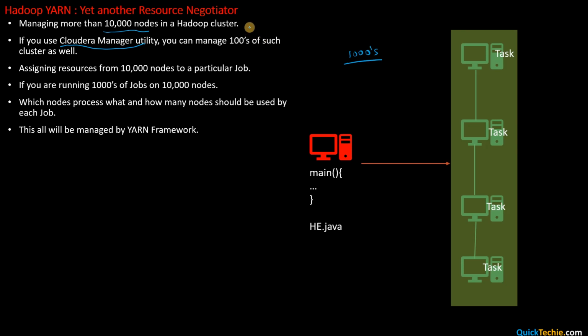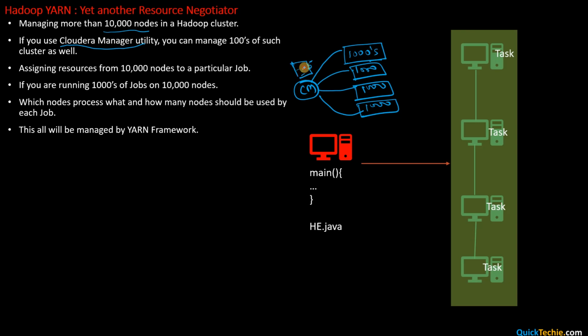That is done using YARN, the cluster resource manager and many other things. But if you have 5 different clusters with 1,000 nodes in each, how would you manage these 5 clusters together? Cloudera Manager is the utility Cloudera provides to manage 5 different clusters using a single window, a single UI.